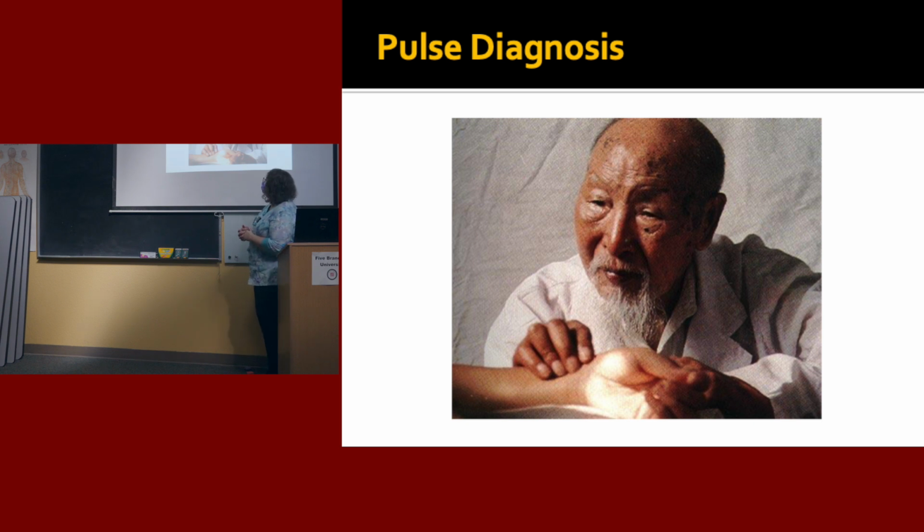Okay, so now moving on into the pulse diagnosis. There is a special way that we do the pulse, and when you go to an old Chinese person, they look at your pulse and they take their time.